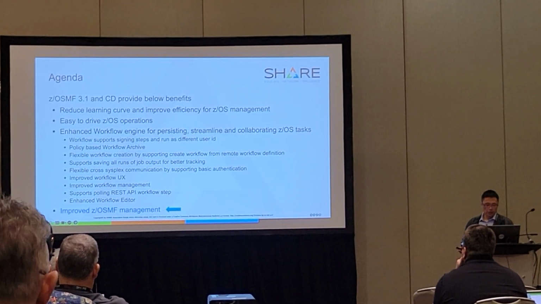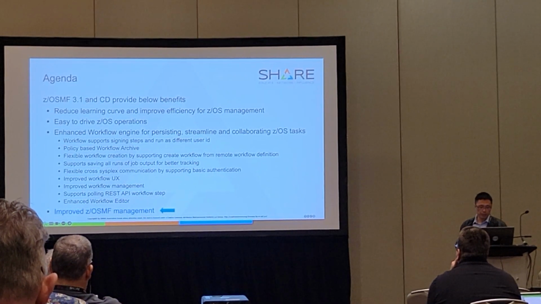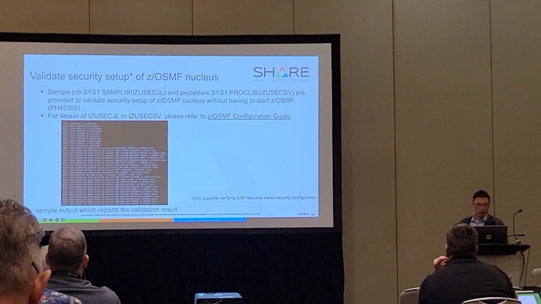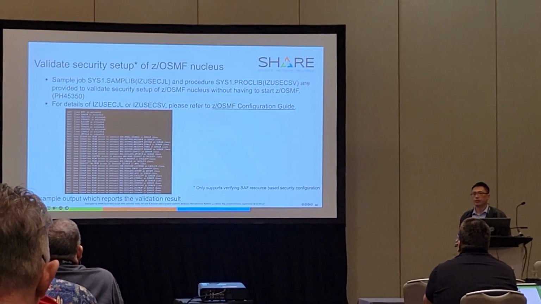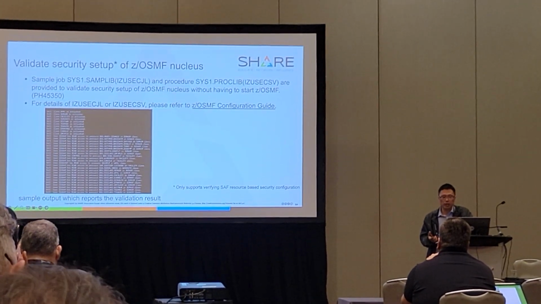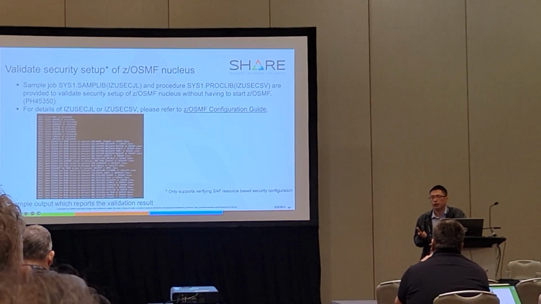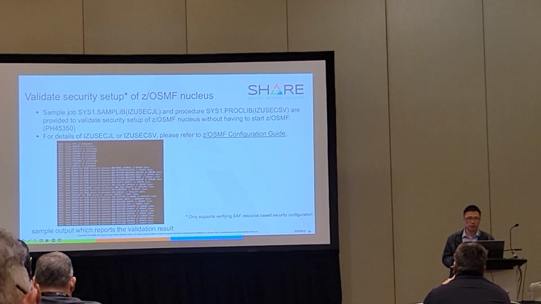So with that, I'm going to introduce the last part, which is z/OSMF management improvement. The first thing is about validating the security setup of z/OSMF nucleus. Earlier I introduced that you can leverage the Security Configuration Assistant plugin to validate all the security requirements.